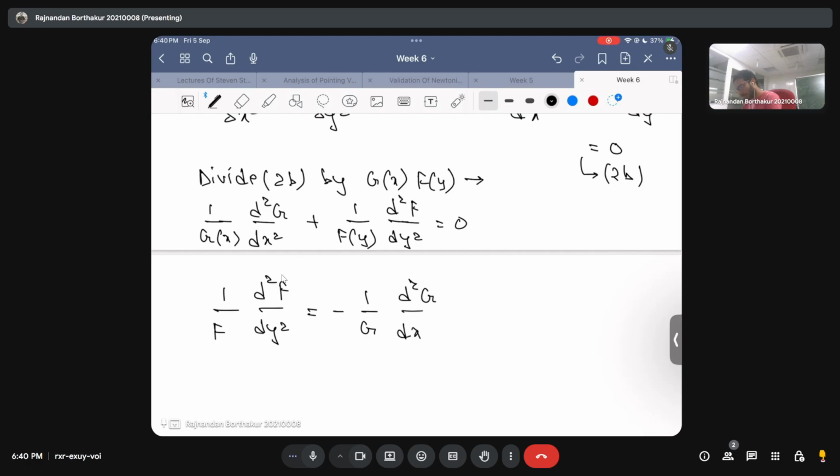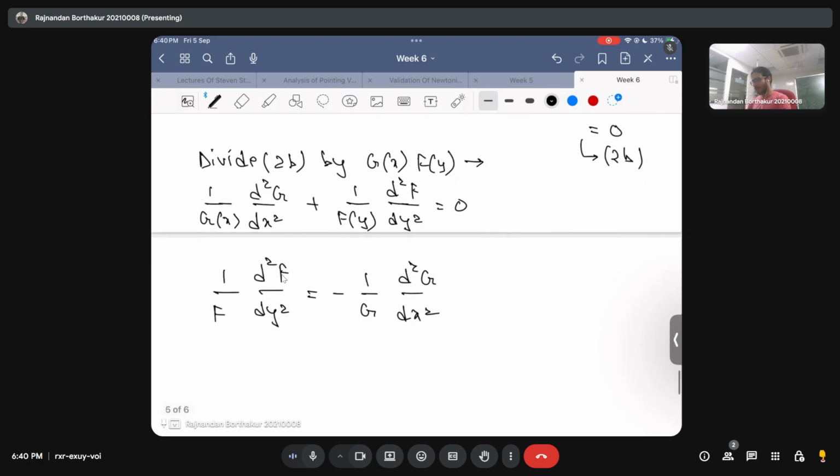Okay. And here is, I would say, the most important step in the method of separation of variables. So what we have seen is that this is just a function of y, right? Because we have said that T is g of x times f of y.